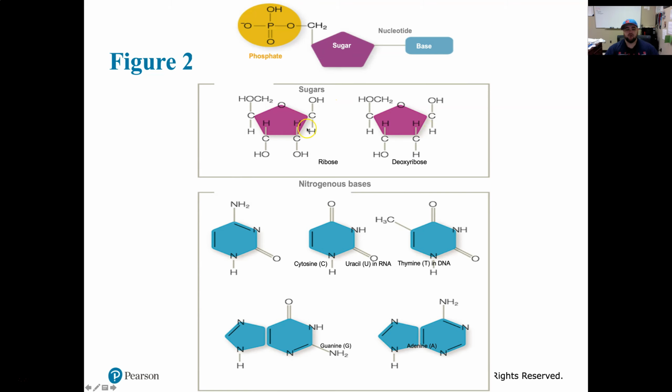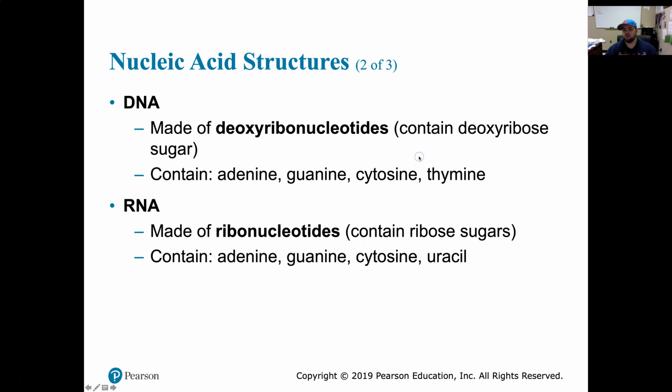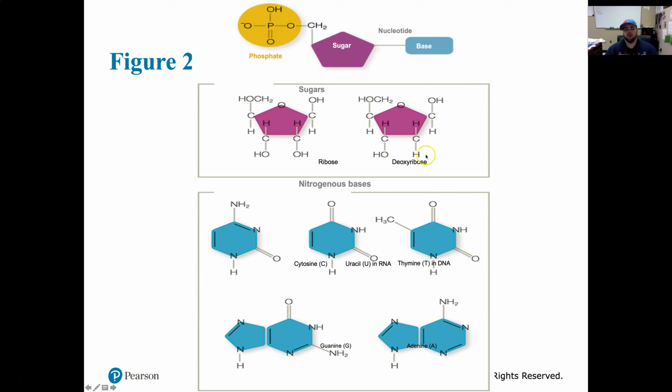How do I know that? Well, if we look at RNA, notice on the 2' carbon there is an OH group. But if we look at DNA on the 2' carbon, the oxygen is missing and all you have is a hydrogen. This is why DNA is named in this fashion: deoxyribose nucleic acid.